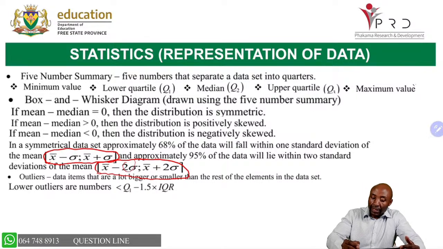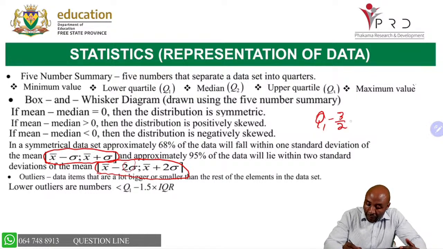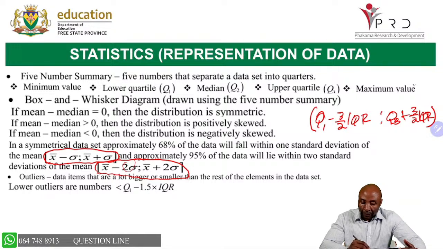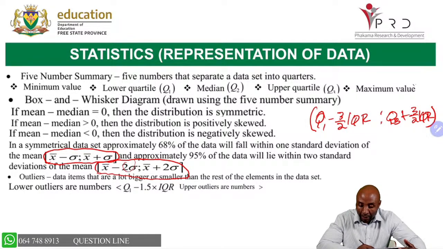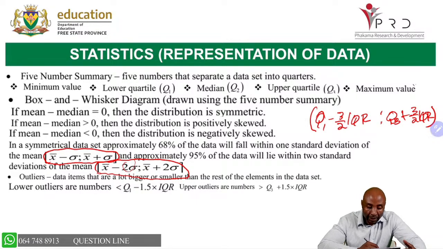In some literature, this is given by the interval Q1 minus 3/2 IQR. That's how we get our lower limit, and our upper limit is given by Q3 plus 3/2 interquartile range. So that's how we identify our outliers. Anything outside this interval becomes an outlier, and we are able to see that.